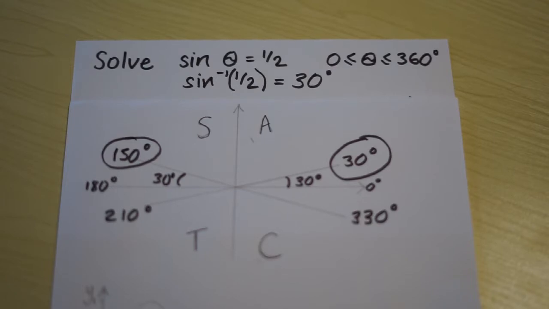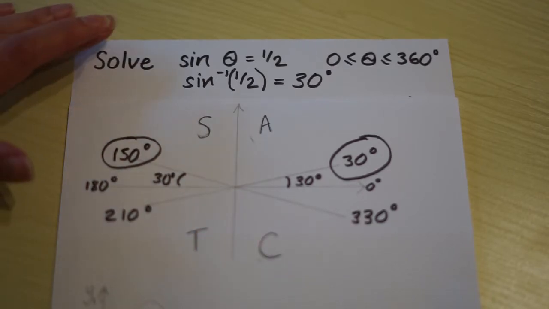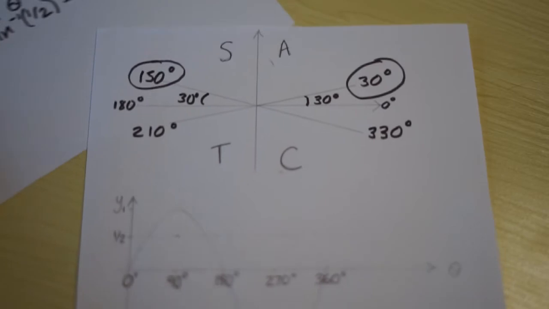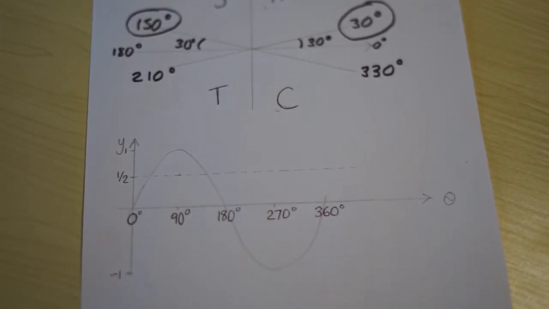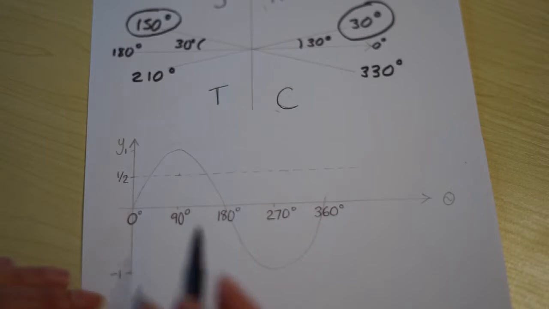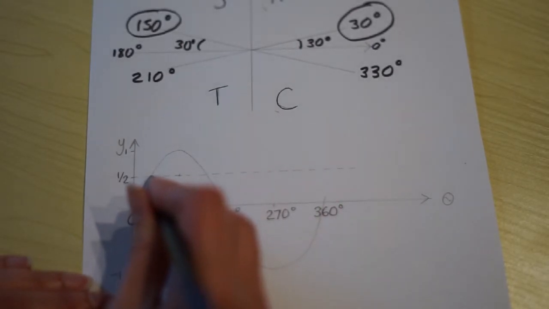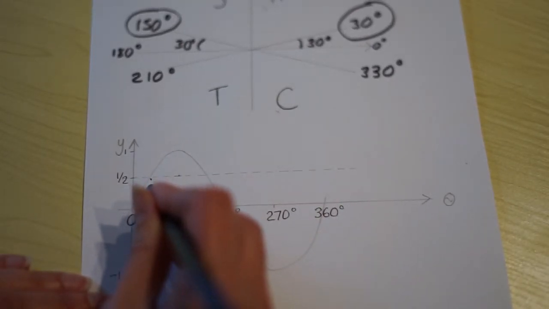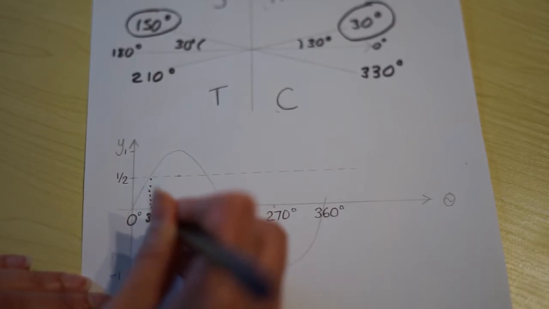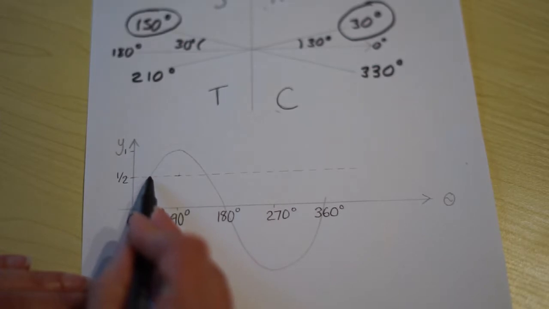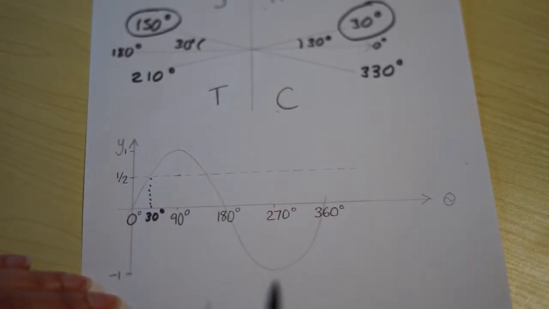An alternative method to get the answer is by using the sine graph. So here it is, all labelled up, ready to go. So our answer, 30 degrees, is there on the graph.